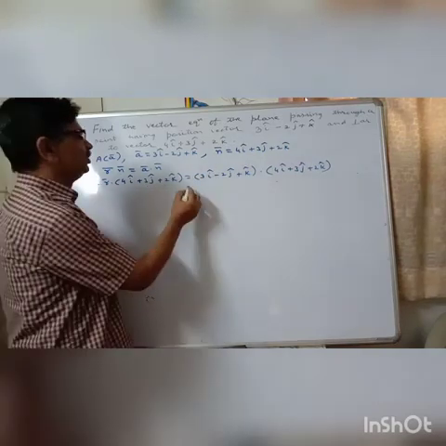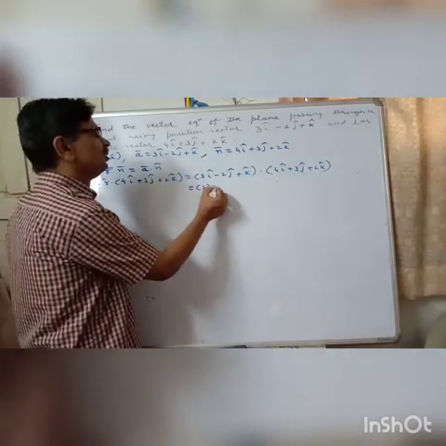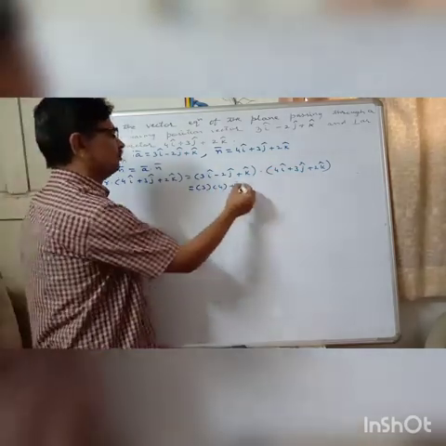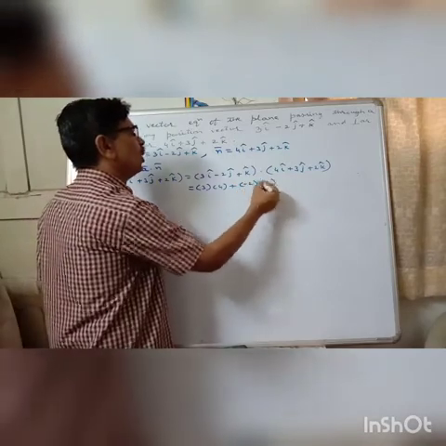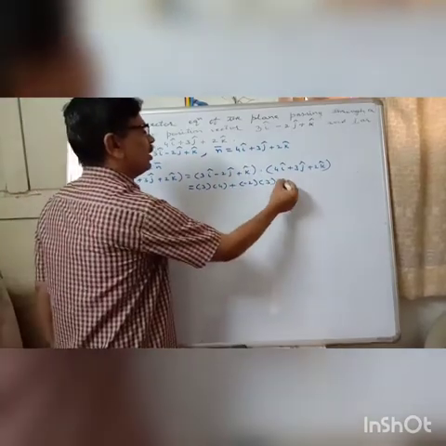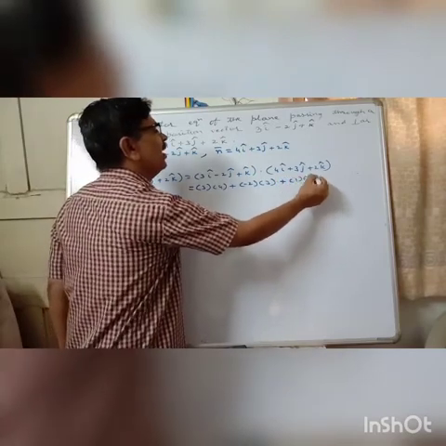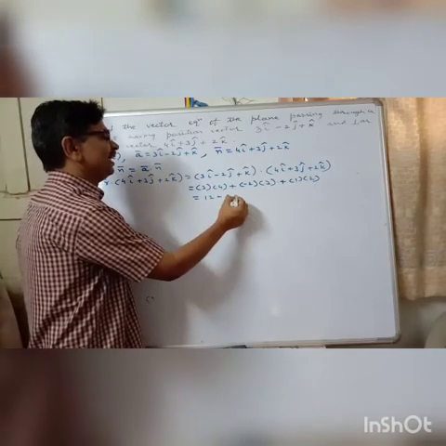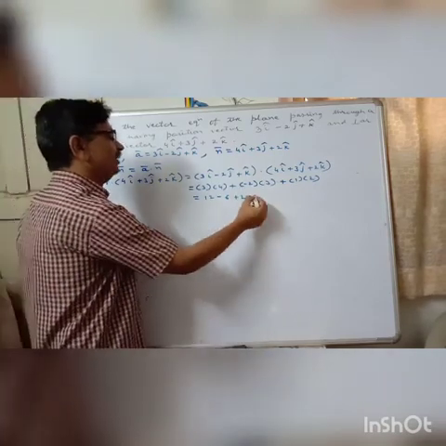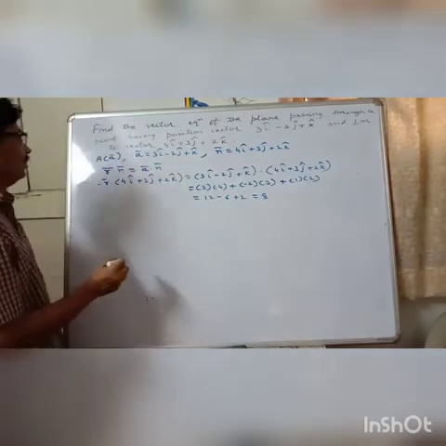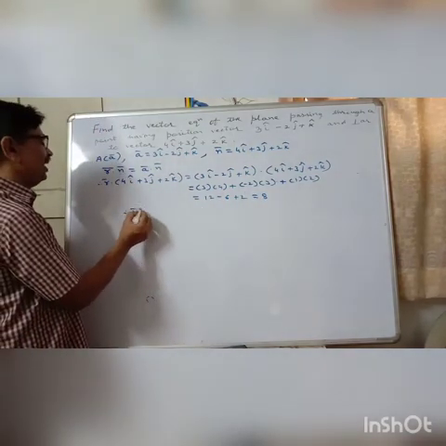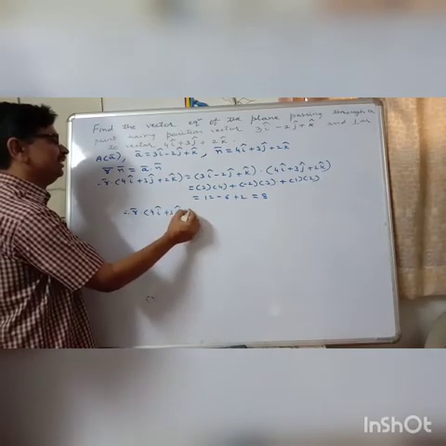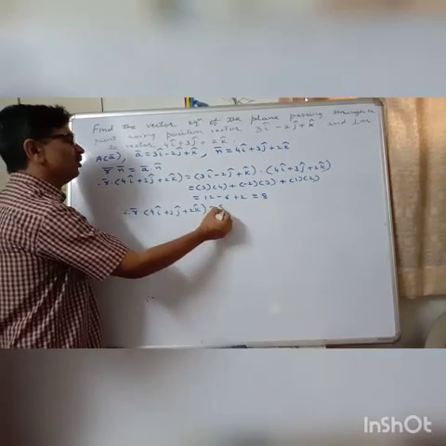Product of coefficients of i, 3 into 4, plus product of coefficients of j, minus 2 into 3, plus product of coefficients of k, 1 into 2. 12 minus 6 plus 2, that is 8. So equation of plane in vector form: r bar dot (4i plus 3j plus 2k) equal to 8.